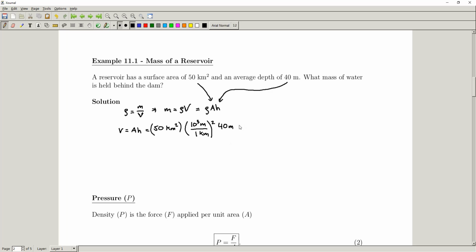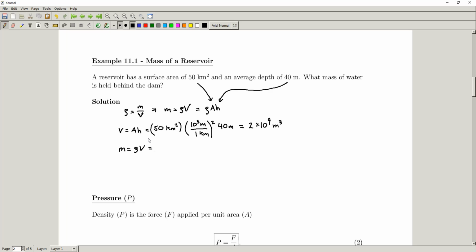And if we do that calculation, we're going to find that we have about 2 times 10 to the 9 meters cubed of water here, okay? And so with that value, we can now substitute this V back into our equation here, and we have M, our mass, is equal to our density times our volume.